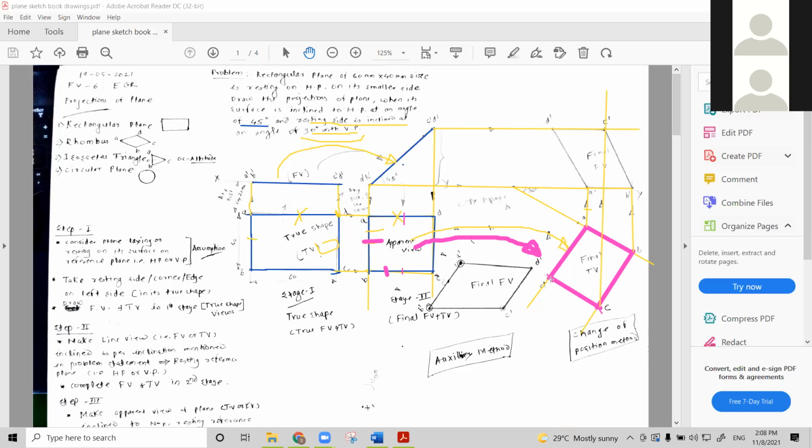Similarly, for D point, you will be going vertical, and the projection from D, where it intersects, will give the point D dash, right?